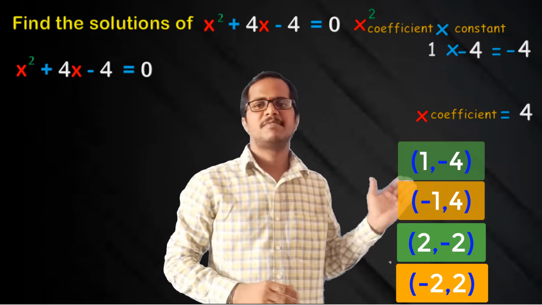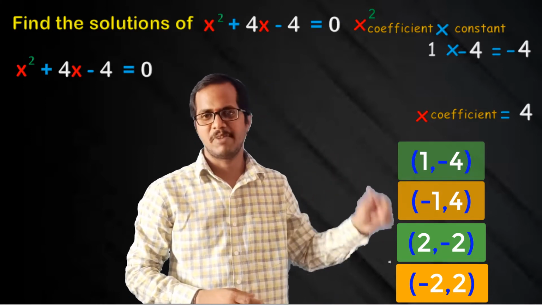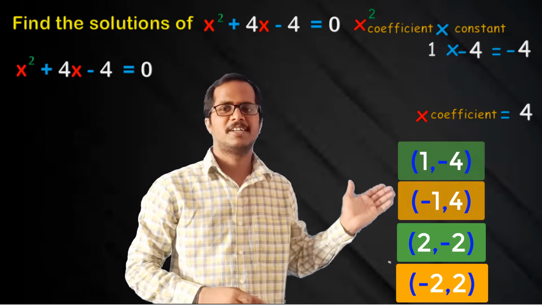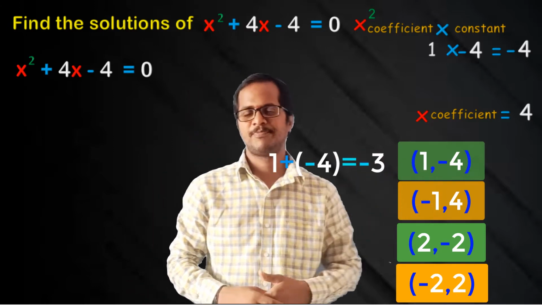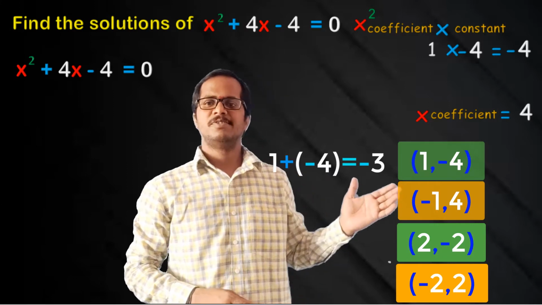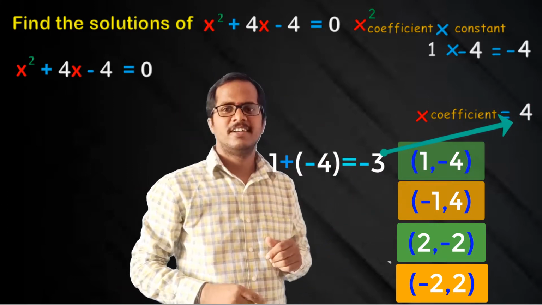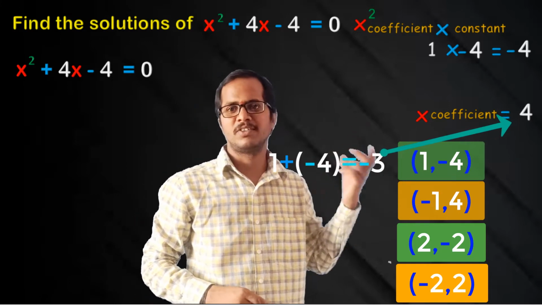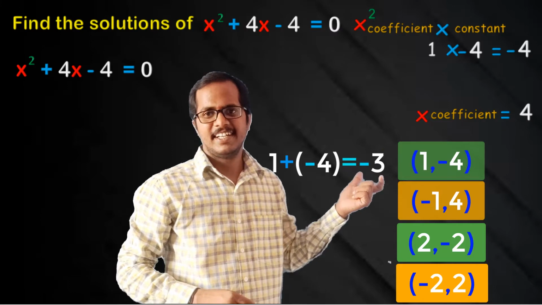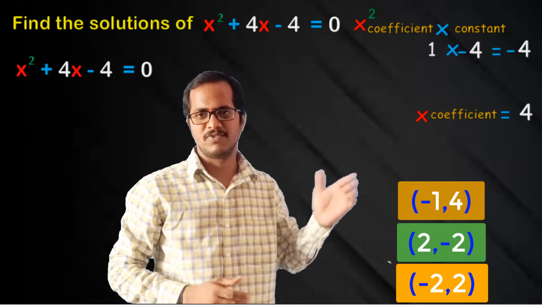Now let us see the sum of these pairs. The first pair is 1 and minus 4. Their sum, 1 plus minus 4, equals minus 3. Is this sum, minus 3, equal to the x coefficient 4? Clearly minus 3 is not equal to 4. Hence we cannot consider this first pair as the factors for minus 4 in this situation.